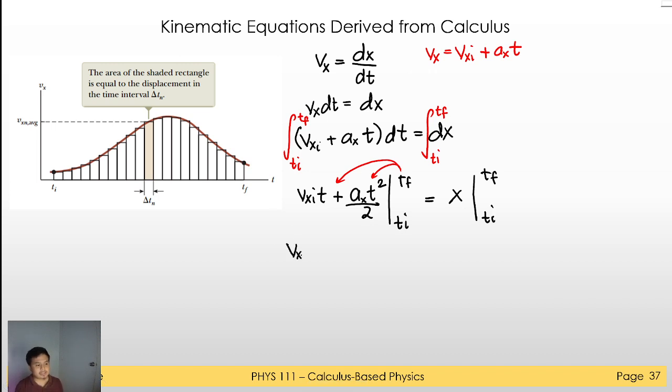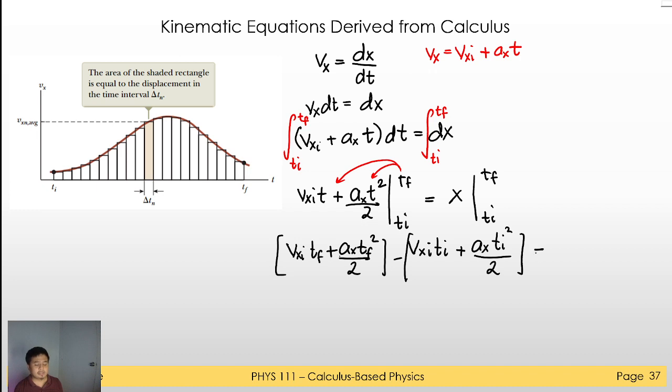So this will be vxi times tf plus ax tf squared over 2, and then minus vxi times ti plus ax ti squared over 2. And then let's do this as well for the other side.